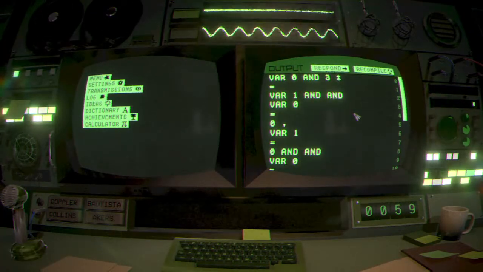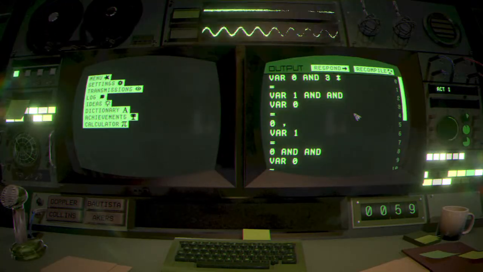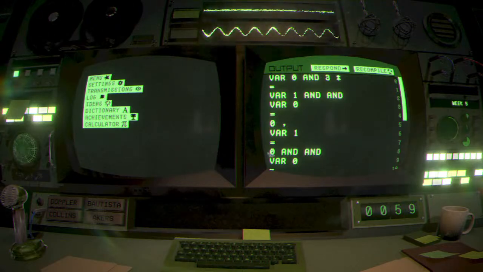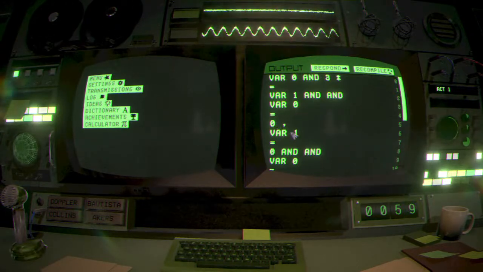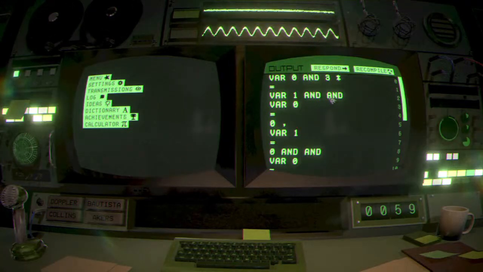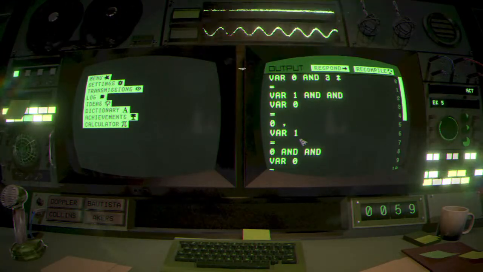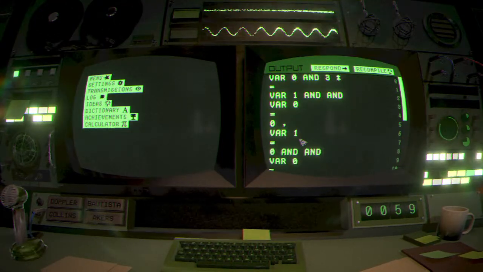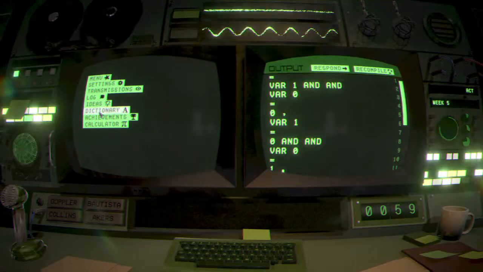Okay, variable 0 times 3 is equal to variable 1. Variable 0 equals 0, and then there's a comma, which I kind of feel like comma is the same as and, but maybe it's like a comma and then doing it in an unrelated way. Let's see.